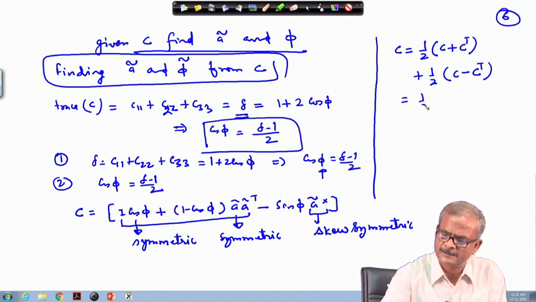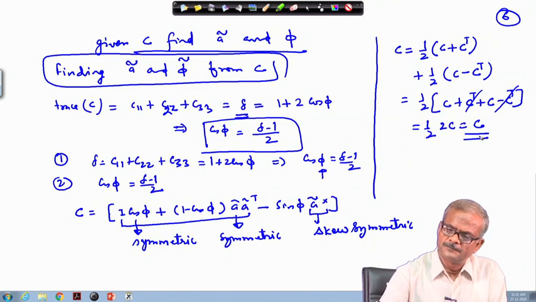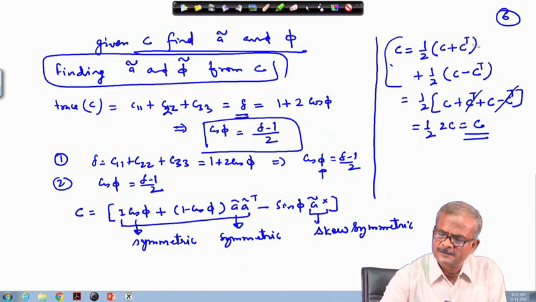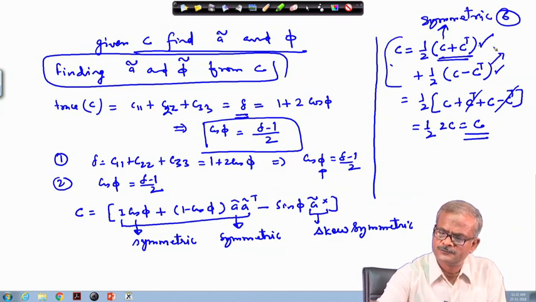If we add it up, we can check whether we have done the right thing or not. 1 by 2 times 2C equals C. So, this simply says that any matrix can be broken into two terms, one is a symmetric one and another one is the skew symmetric one.